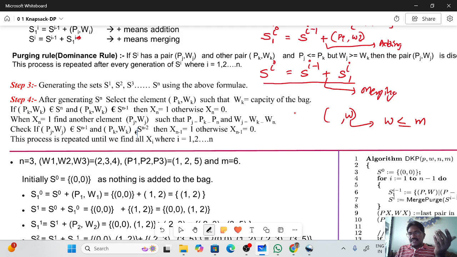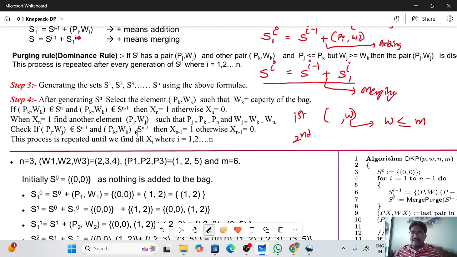If it is larger, what does that mean? If our knapsack capacity is 10 kgs but we form a pair with 11, 12, or 13 kgs, is it possible to place a 13 kg item into a 10 kg knapsack? Not possible. So only if W is less than or equal to M do we consider that pair. Otherwise, that pair must be removed from our set. That is the first thing to observe.